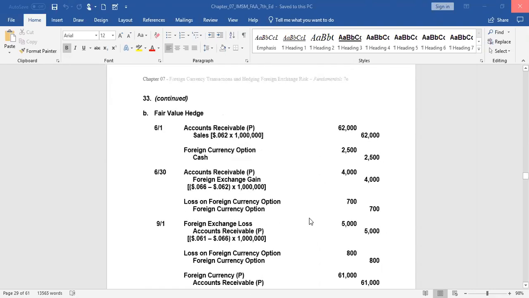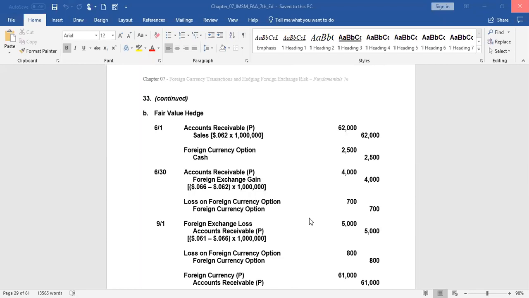Journal entries are a little different when you use it as a fair value hedge. Along the same lines, but let's take a look at where the differences occur. First, when you have your sale, you debit accounts receivable for the US dollar amount of the pesos, and the sales is credited, so $62,000 again. You record your purchase price of your option, debit a foreign currency option, credit cash.